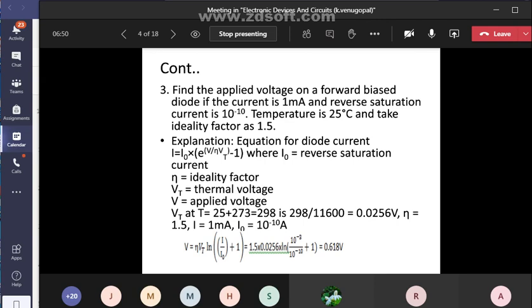In this problem we have calculated the applied voltage. From this equation we can calculate the diode current, the reverse saturation current, the applied voltage, and eta also. So here the applied voltage is 0.6 volts.